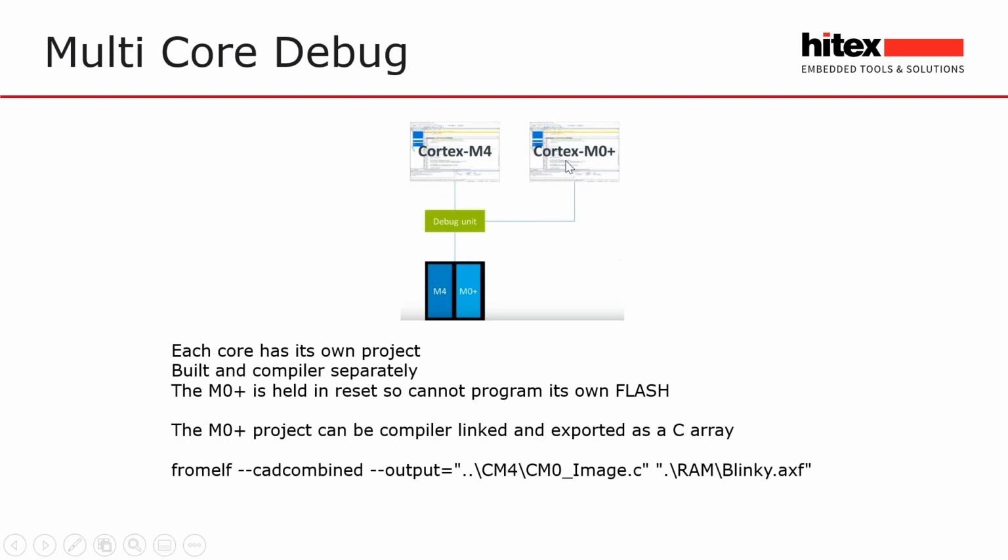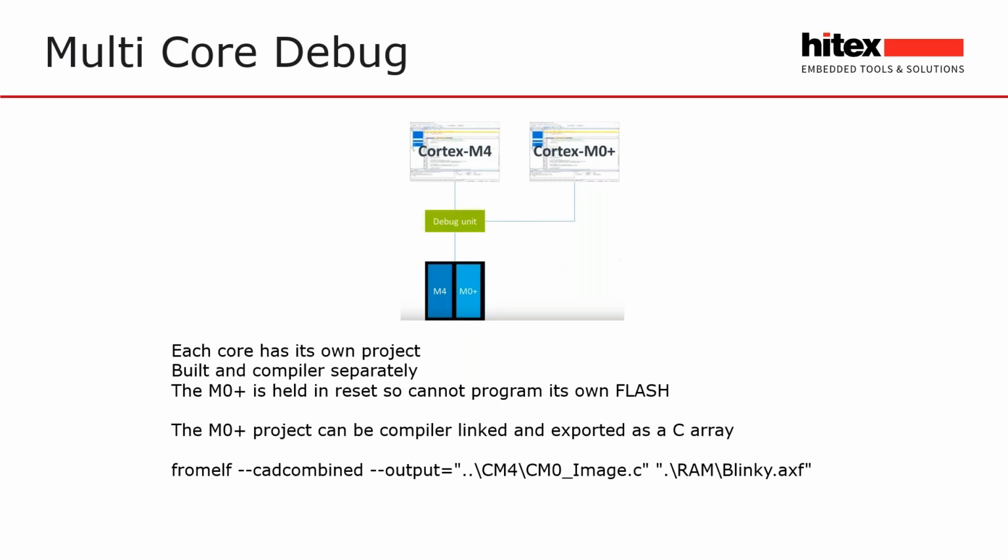So the executable isn't made into a binary or a hex file, it's made into a C array, and we then link that file into our M4 project, and we can locate that at the position we want in the flash memory. Now when we download the M4 project, we're effectively putting in the M4 code, but we're also programming the M0 image as well.